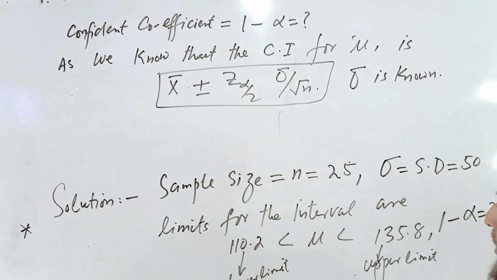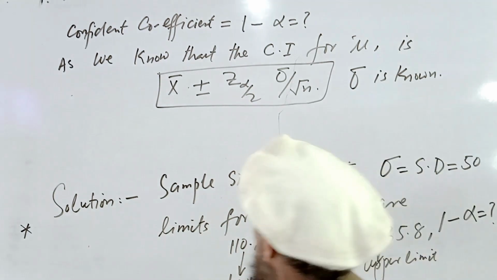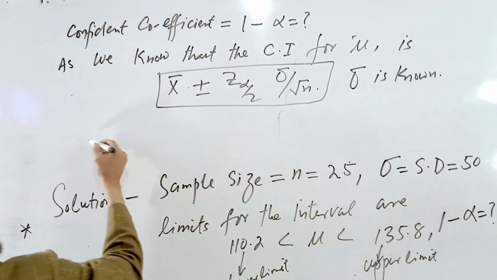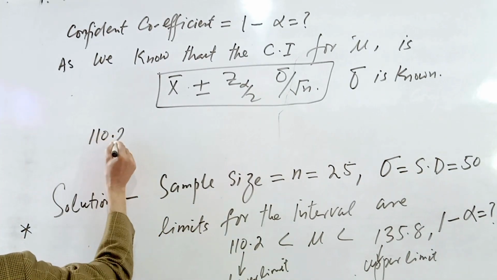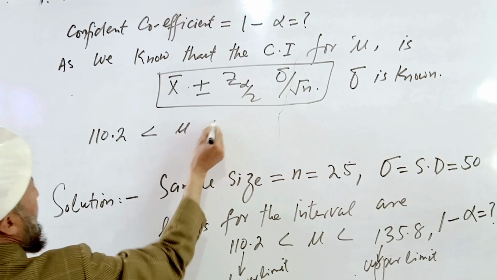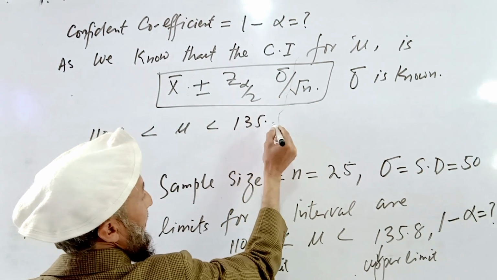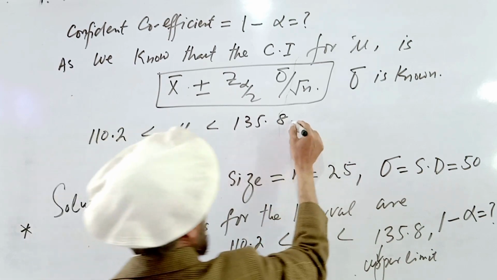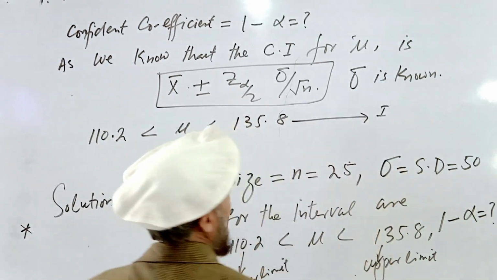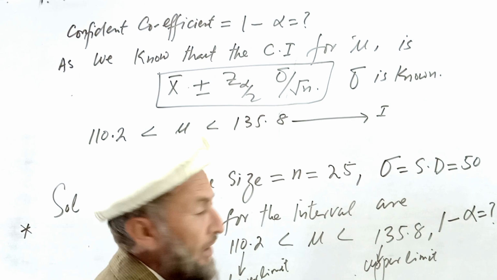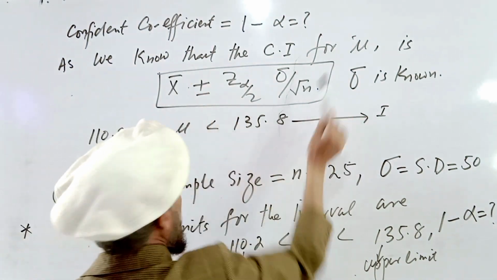So now we require the lower limit. The limits are given: 110.2 less than mu less than 135.8. We give this equation number first, and we compare this equation with this confidence interval.